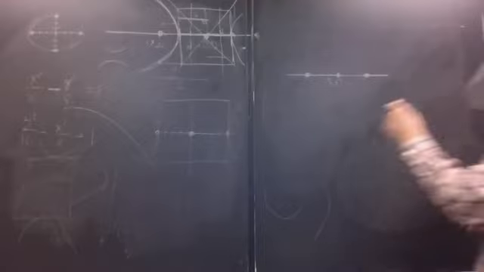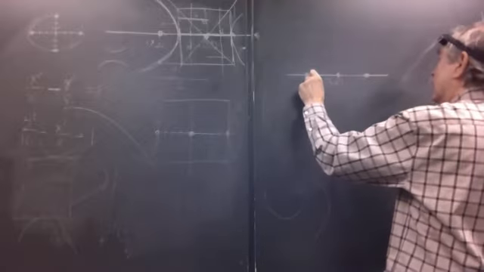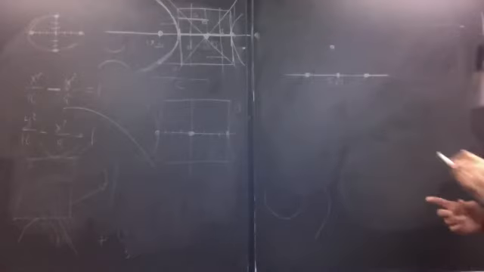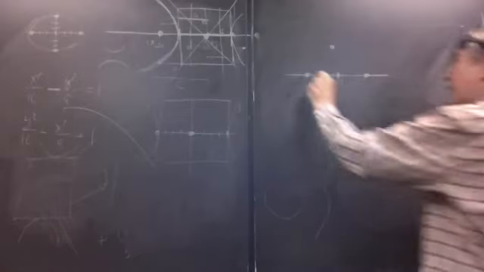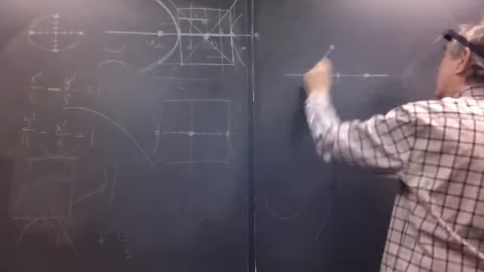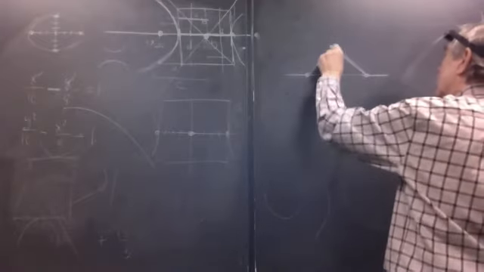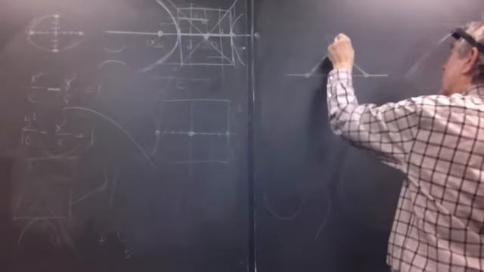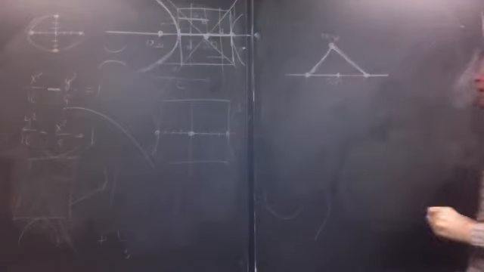But what we do for an ellipse is we say, if I take a point out here, it will be on the ellipse if the sum of the distances between the point in question and the 2 foci is a constant.